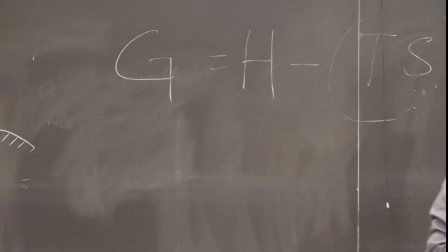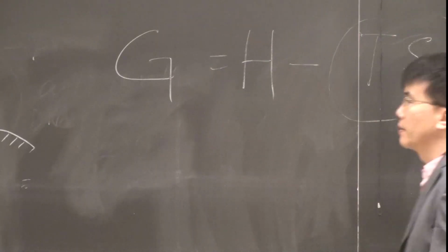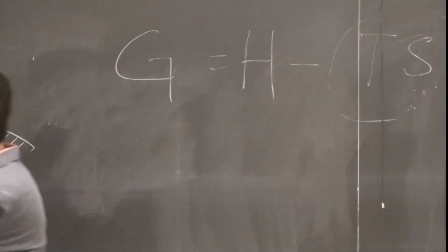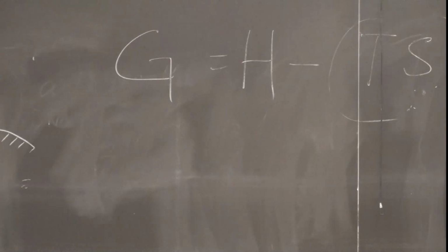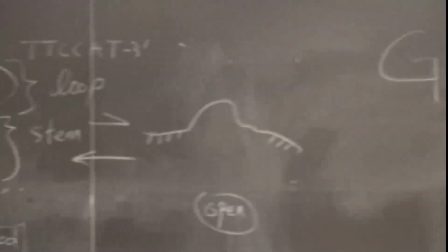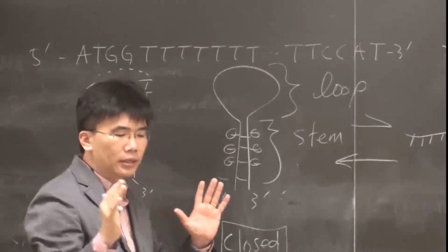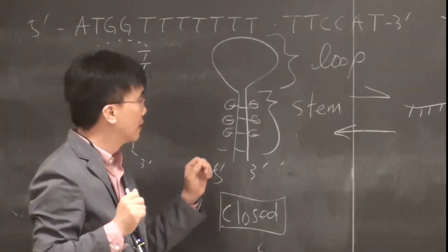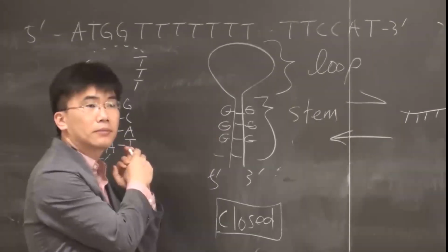If you increase the salt, like magnesium and sodium in solution, then this state becomes favored, because here you have negative charges everywhere, every base, every nucleotide, and the ions in solution function to screen these interactions.